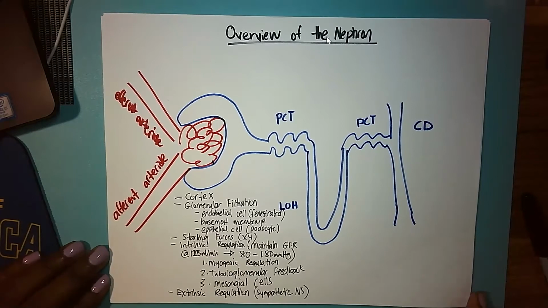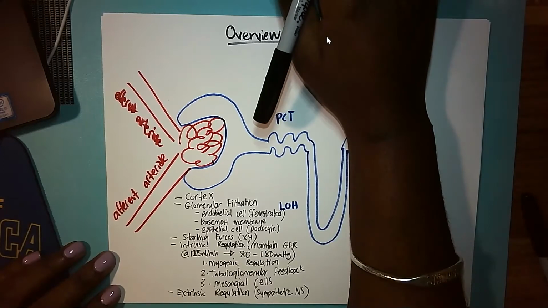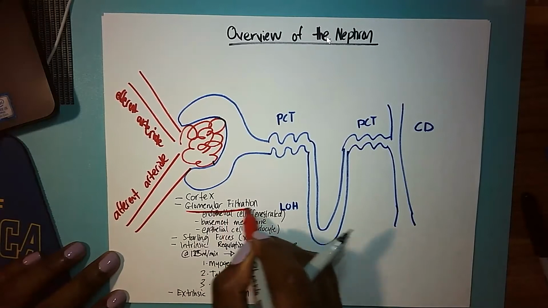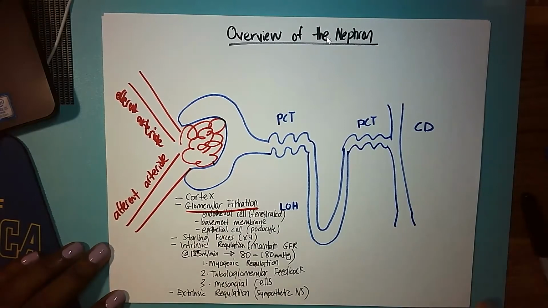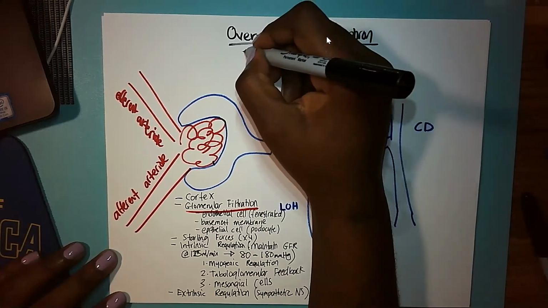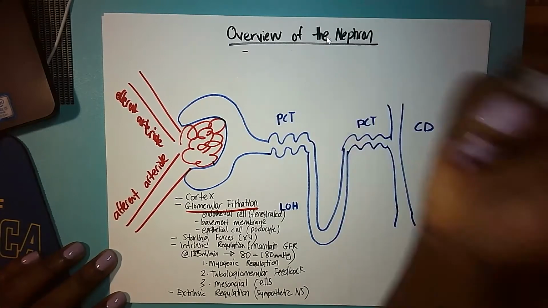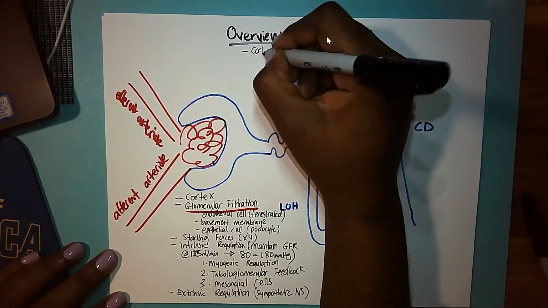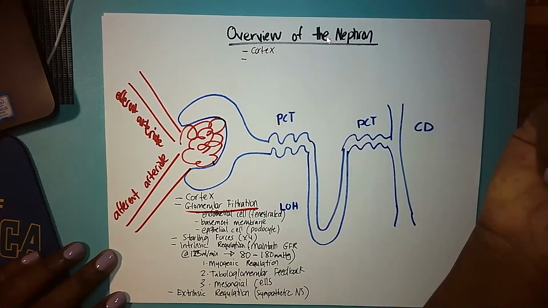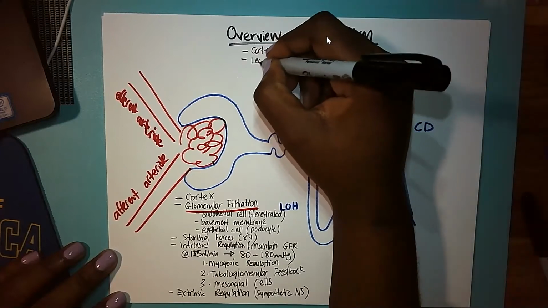All right, let's look at the proximal convoluted tubule and talk about what happens here. And I'm gonna kind of underline reabsorption because this is the main process that we've got here. So in the proximal convoluted tubule, first off, the structure here is also in the cortex. Some of the features that we see of these cells here is we see leaky tight junctions.